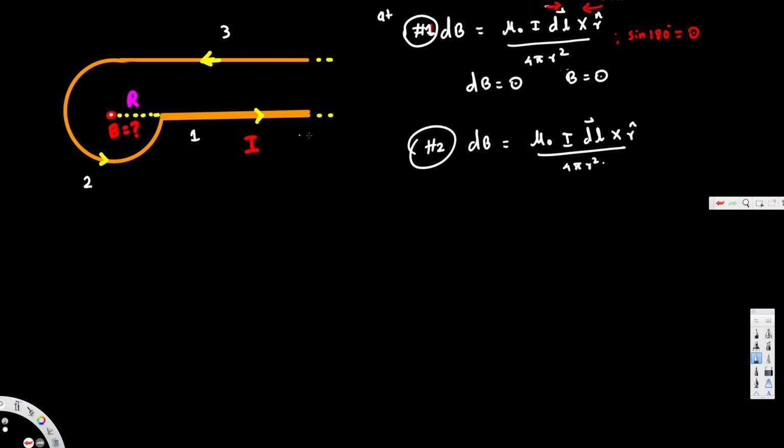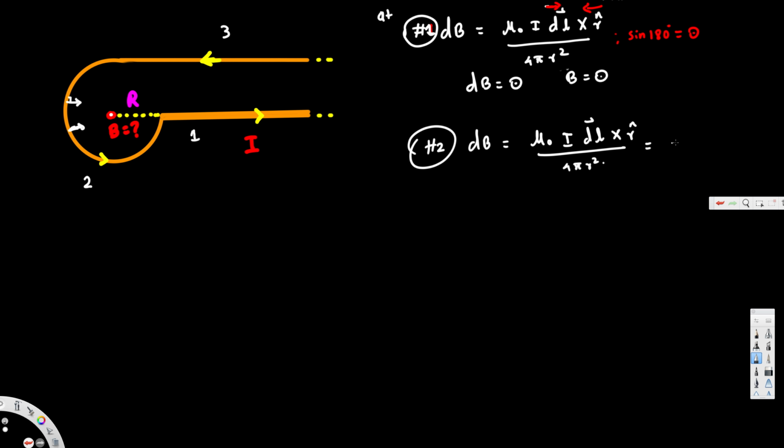So dl is traveling in a circular path, and the r for each segment is going toward the center, right? For each segment, dl and r are 90 degrees to each other, right? So if we replace dl cross r with dl sine theta, we are going to have dl sine 90.